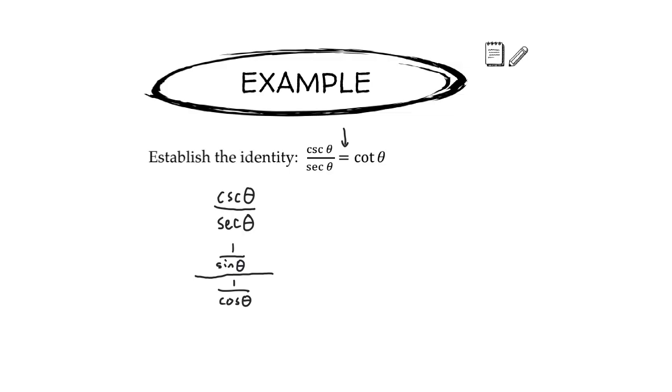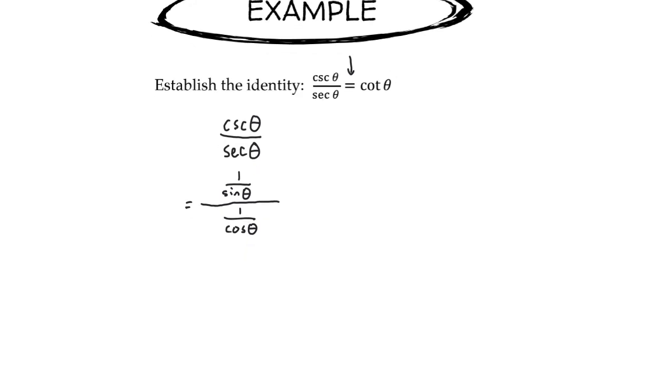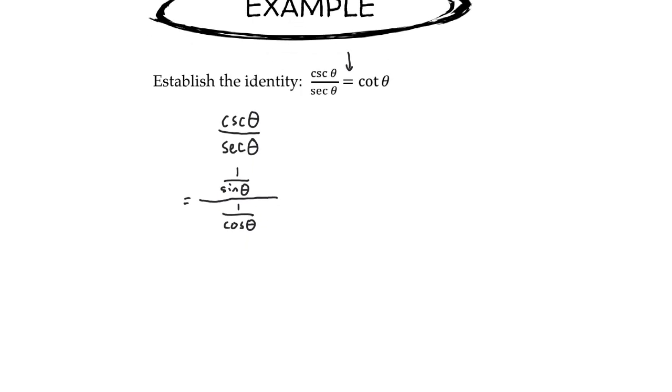Okay, so now I have that the left-hand side is equal to this, 1 over sine divided by 1 over cosine. And the goal here, of course, is to show that what I've really got on my hands is just cotangent. So in my next step, I'm going to take this fraction in the numerator and multiply it by the reciprocal of that fraction in the denominator.